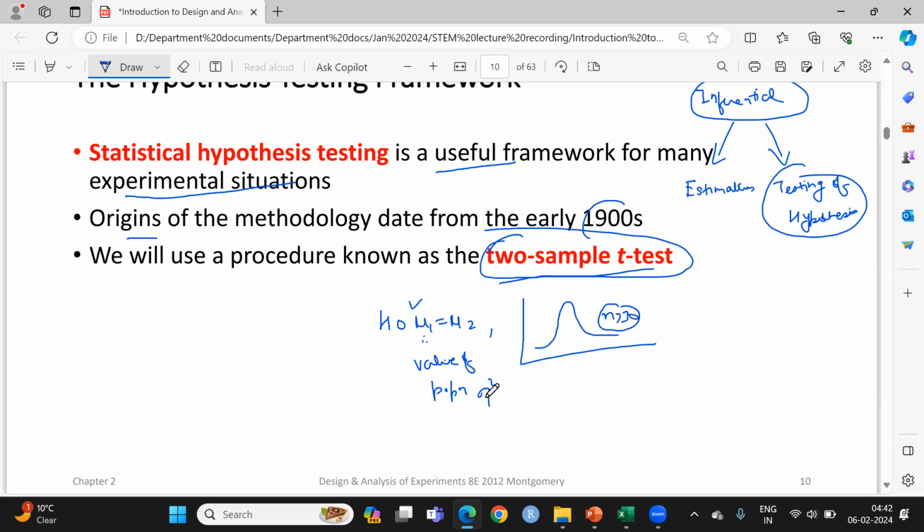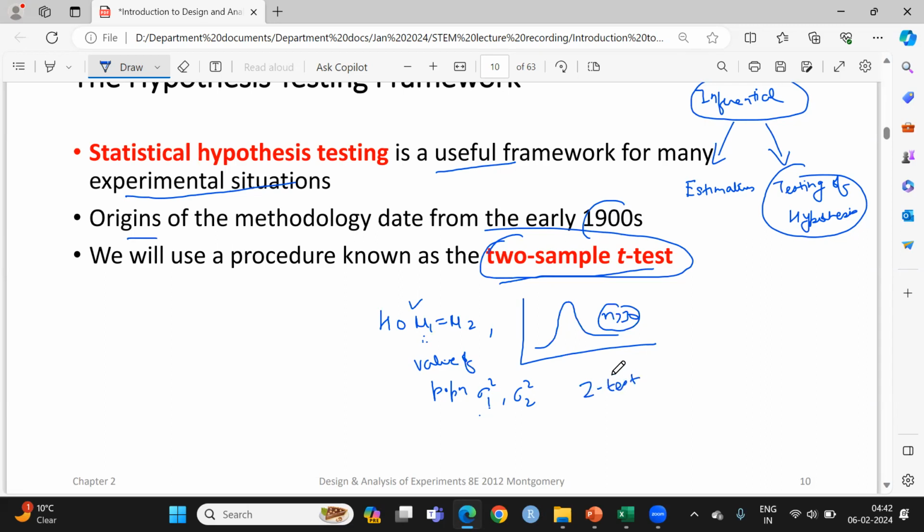That means the values of sigma 1 square for the first population and sigma 2 square for the second population are known to us, and they are also equal. Since these values are known, we can go with the Z test.